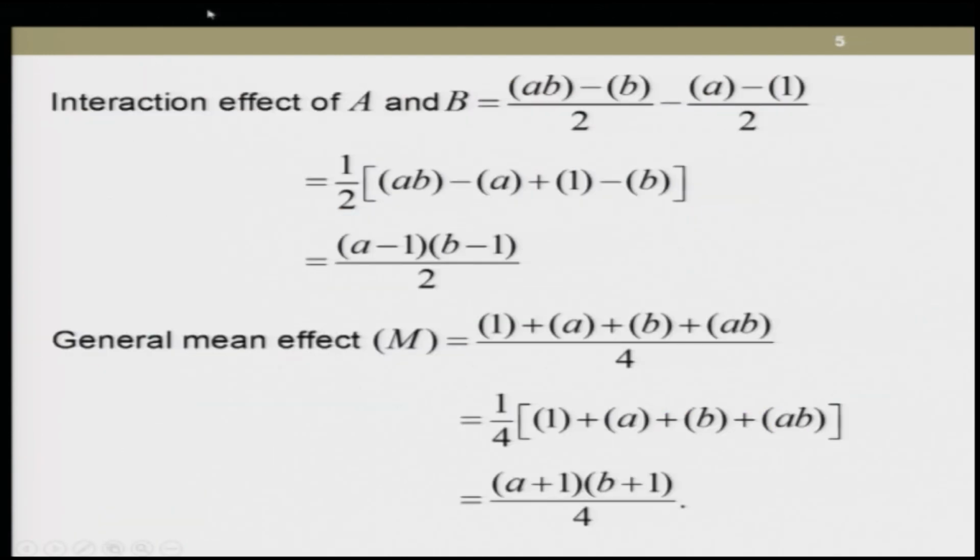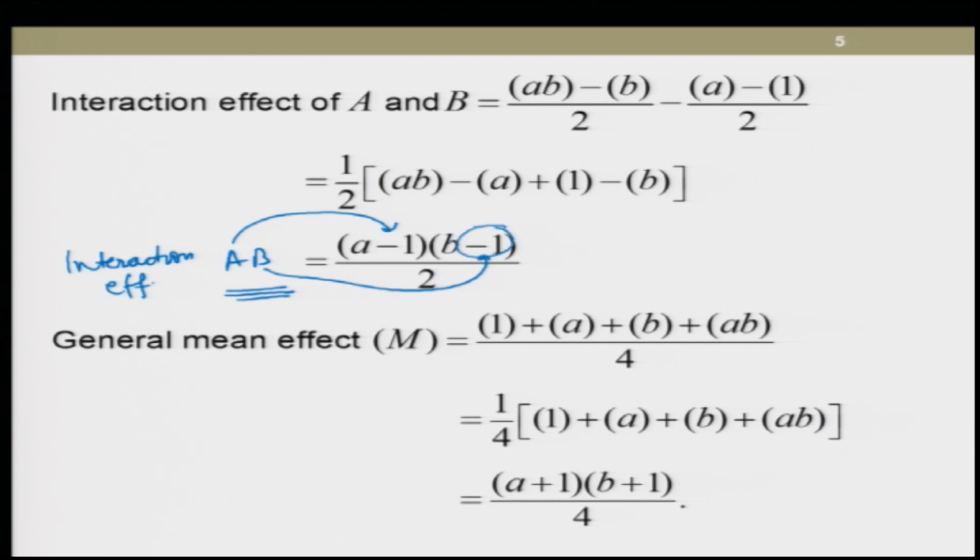Now, similarly, using the same philosophy, I am trying to find the interaction effect, which is AB. In this expression AB, both A and B are present. So I can use minus 1 for this A and minus 1 for B, and this expression has been derived using the proper statistical formulation.